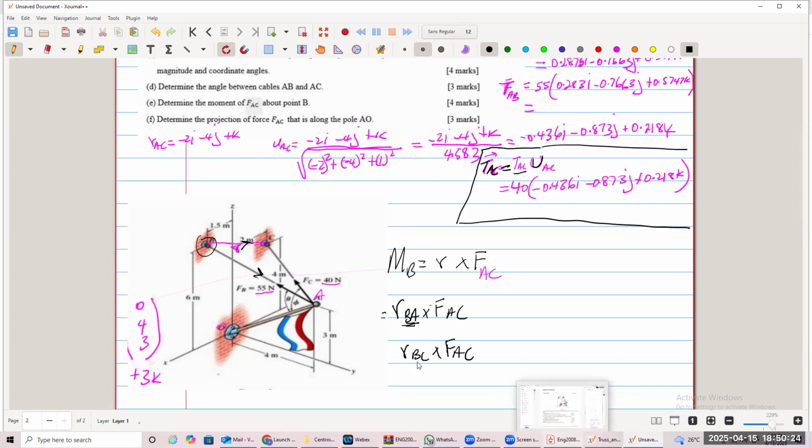All right. And the next one, how will you do the projection of the force AC along the line OA? Projection of AC onto this. Where's AC?